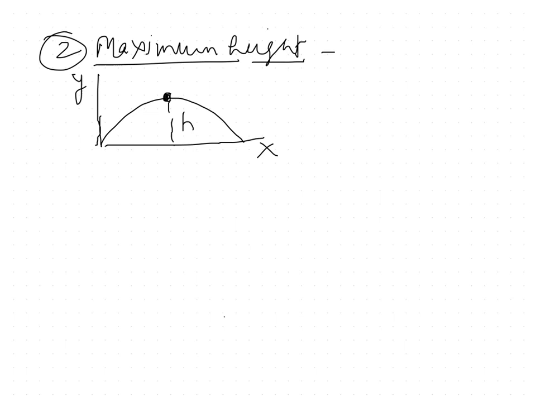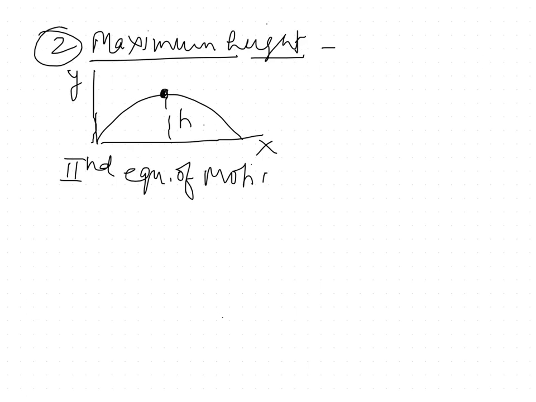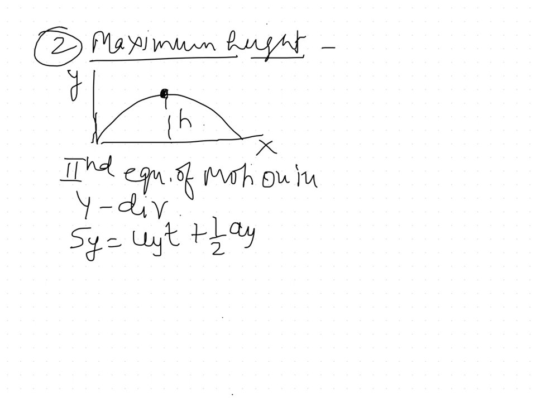The distance traveled along y direction is called height. So to calculate height, we apply the second equation of motion in y direction. That is Sy equal to uy t plus half ay t square. That is our second equation of motion.